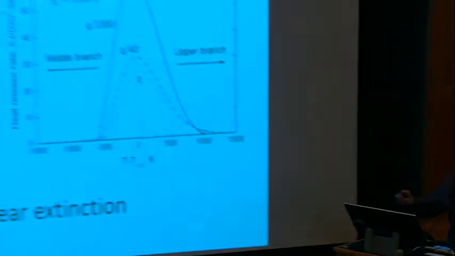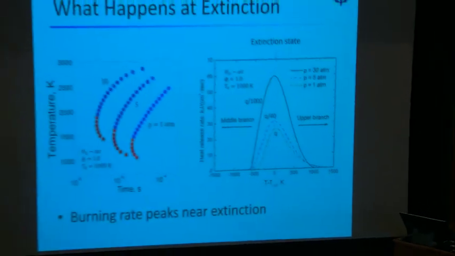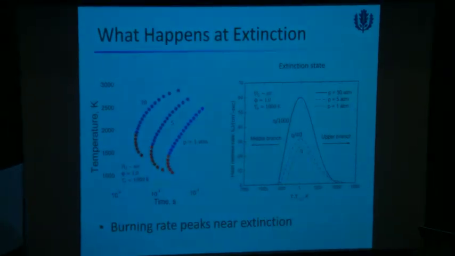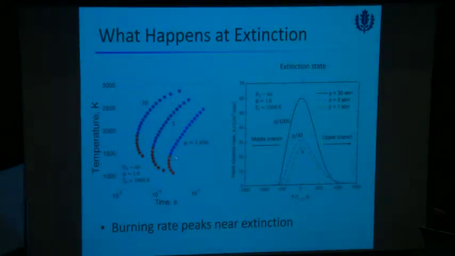So this is the interesting thing about extinction. We talked about how the solution jumps from the upper branch to the lower branch, right? At this point, typically, it tells you something is balanced.